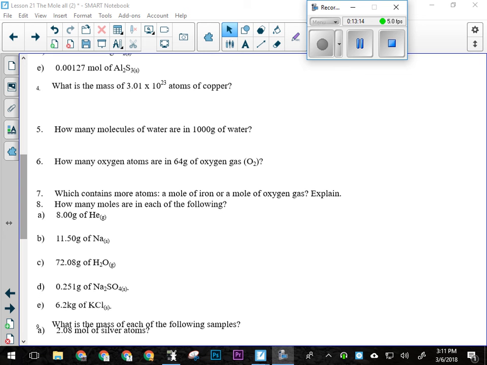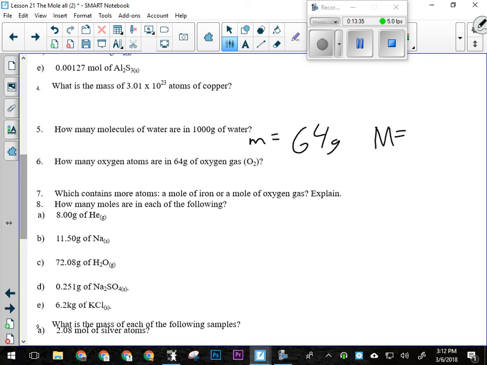Okay, so the first thing we want to do is obviously do our mole calculation here. They're asking how many oxygen atoms are in 64 grams of oxygen gas. So I've got 64 grams, that's little m. The molar mass of oxygen gas is what? 32.